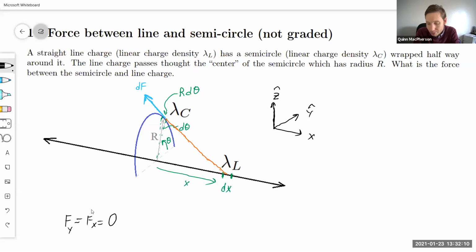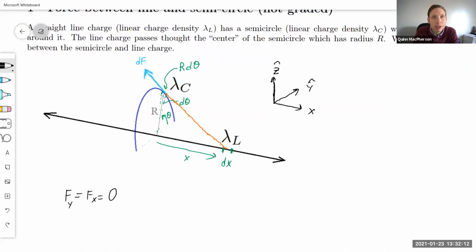Okay, let's get started with this. To find Fz, I first need to find the two little differential charges.